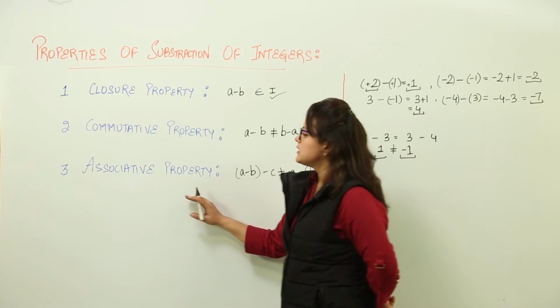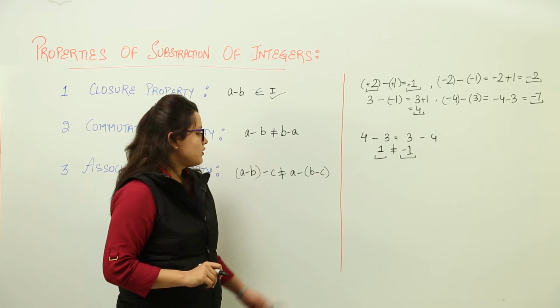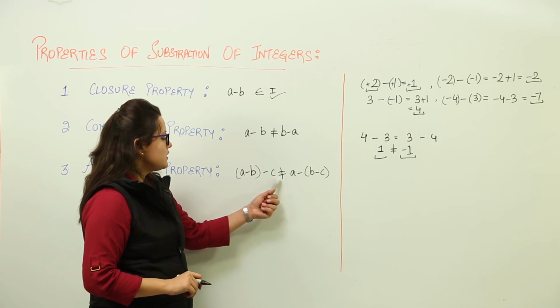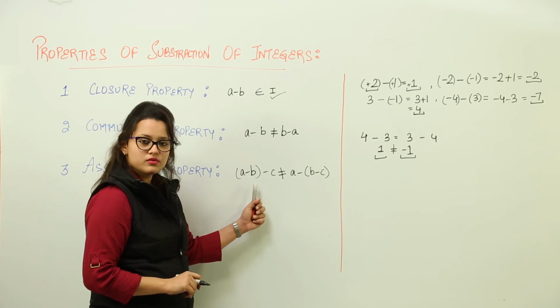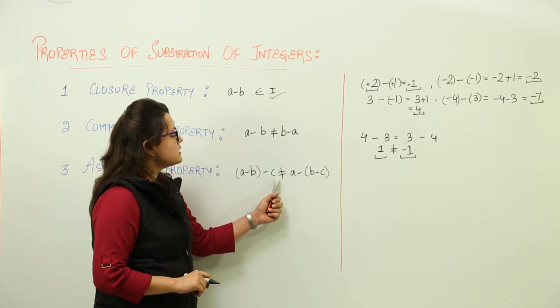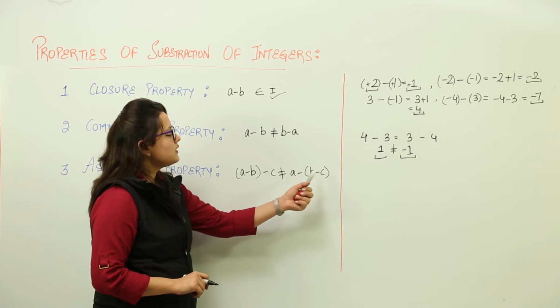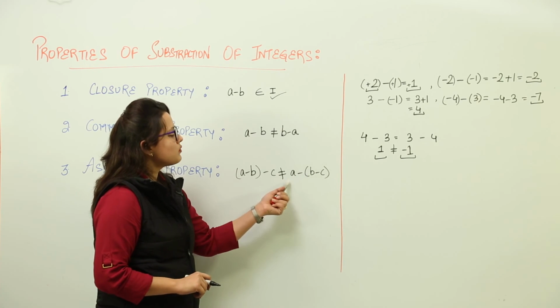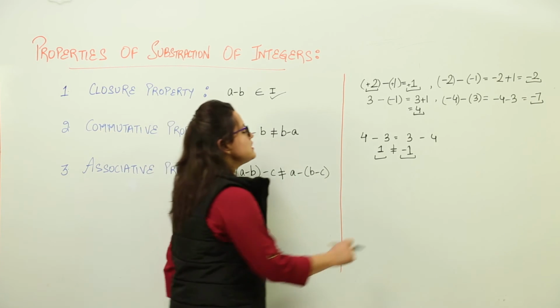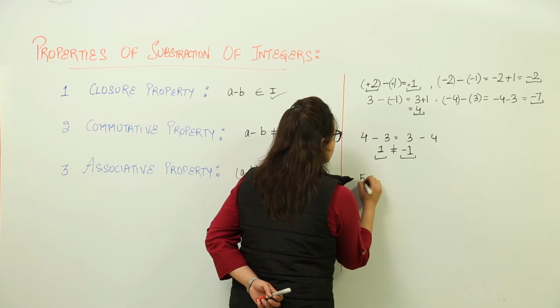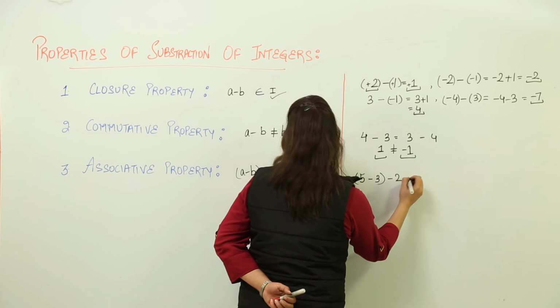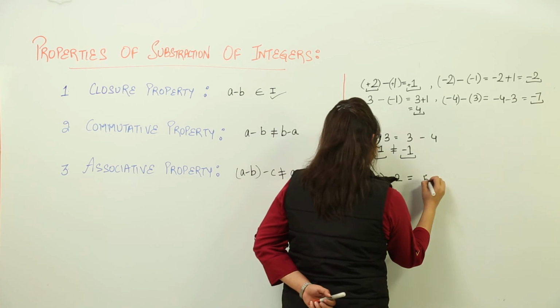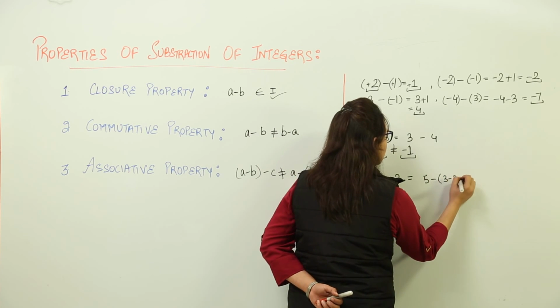The last property is the associative property. For associative property also, we have seen that subtracting two integers and then subtracting another integer from the result will not give us the same result as subtracting the subtraction of the last two integers from the first one. Let's say we are doing 5 minus 3 minus 2 in one order, and on the other side we would do 5 minus the quantity 3 minus 2.